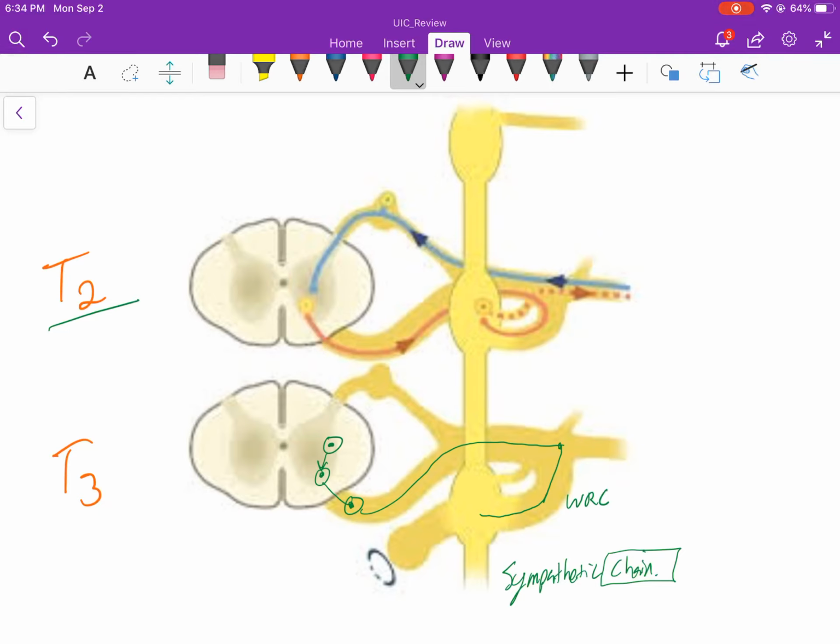So we're going to go through this white ramus communicans, go through this chain, go to that level that we want to get at, and then synapse at this ganglion called the paravertebral ganglion. Synapse here, and then we're going to go through this area.